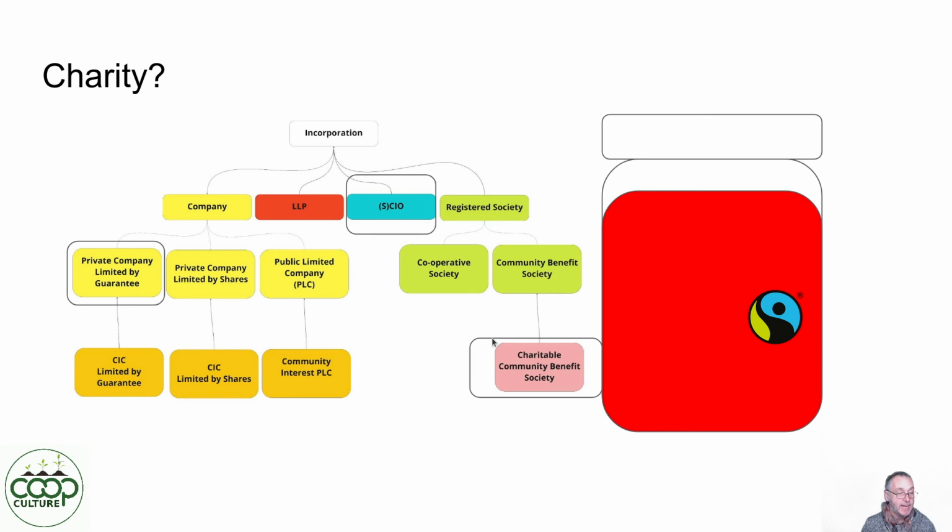Or an exempt charity, a charitable community benefit society, which you would register with HMRC. So really you're only looking at those three. KICs, by definition, cannot be charities. They're an alternative to going down the charity route, although you can convert a KIC into a charity and vice versa. And in later videos we'll have a look at how you can interconvert between some of these different types of legal form.